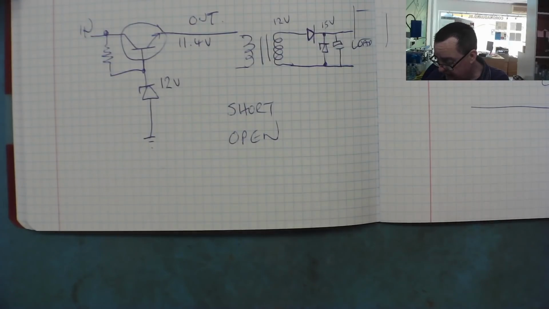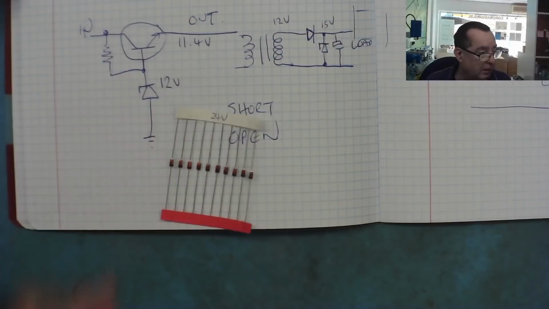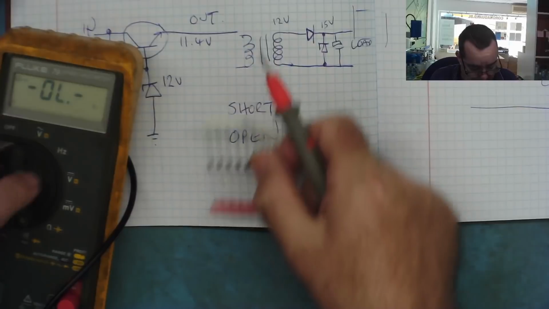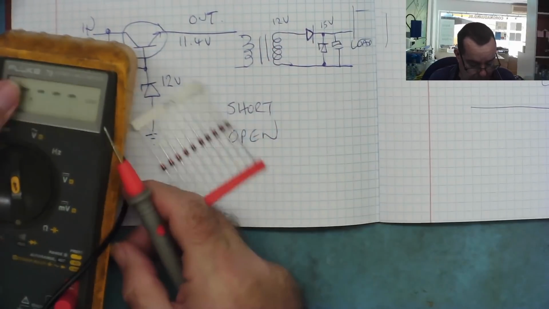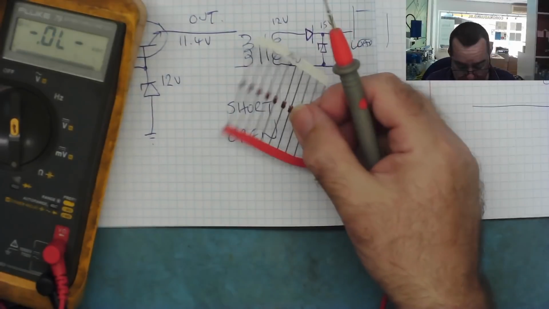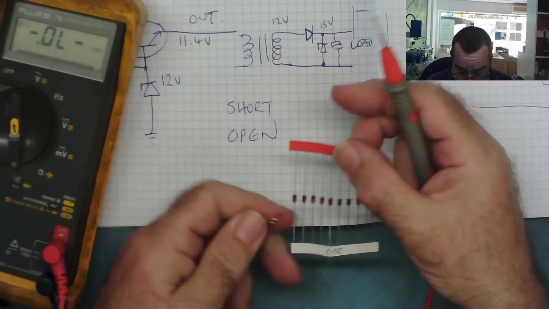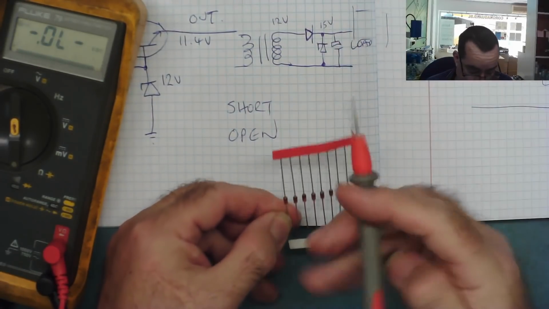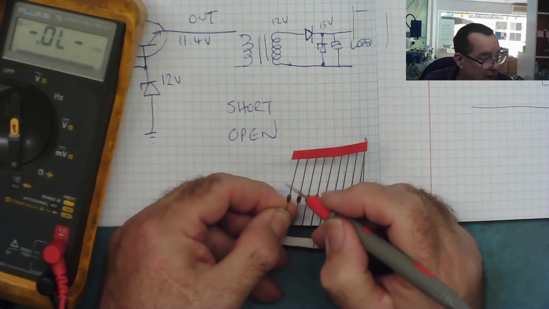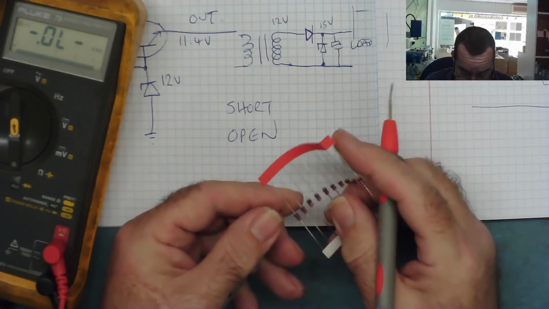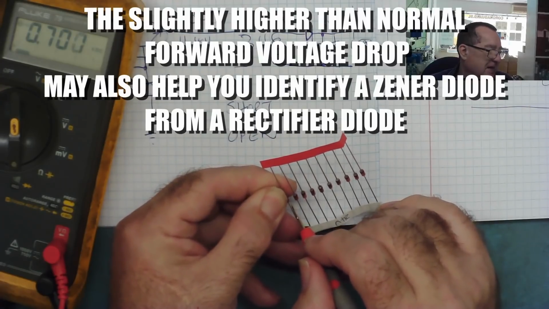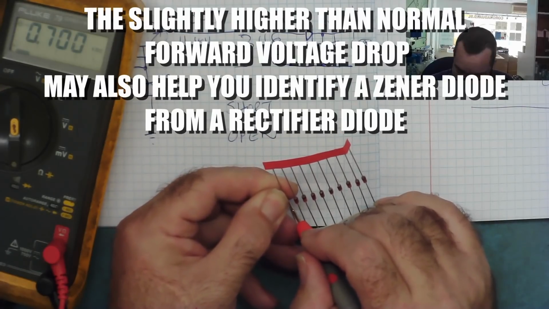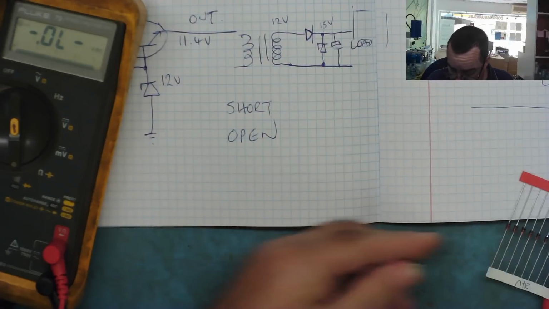So if I take the 24 volt Zener diode, I have plenty of them here, and I take the multimeter, and we go on to diode mode, and we check our Zener diode, you will find that in one direction it conducts and the other one it doesn't. So this way it's open circuit, and if we go the other way it conducts. Okay, it's 0.7 rather than 0.6, but it's typical to what you would find for a rectifier diode.